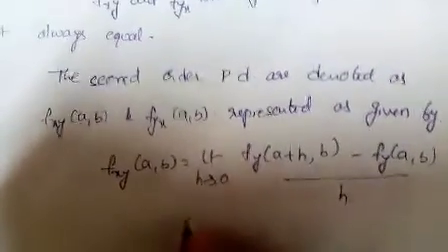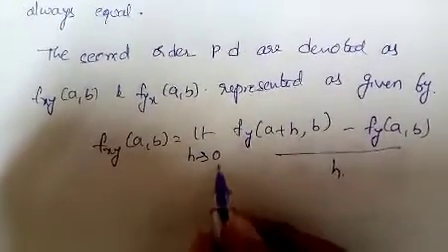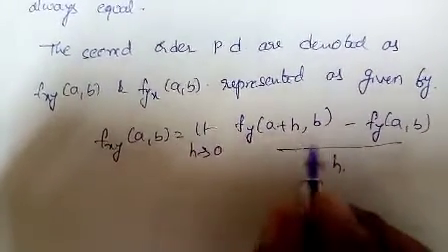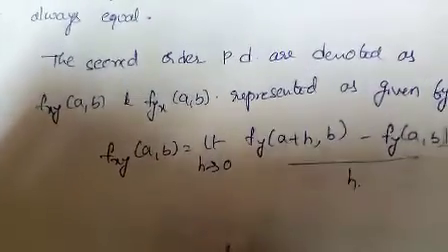So fxy of a comma b can be written as limit h tends to 0 fy of a plus h comma b minus fy of a comma b by h.